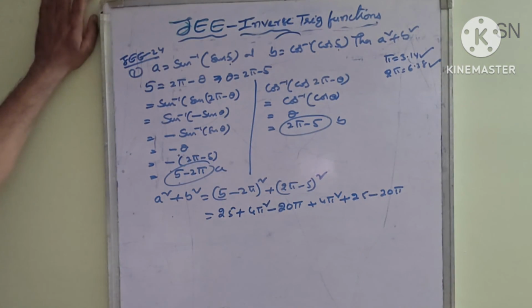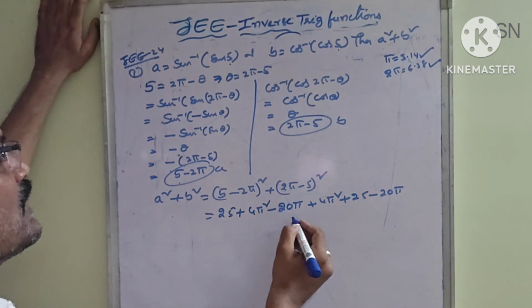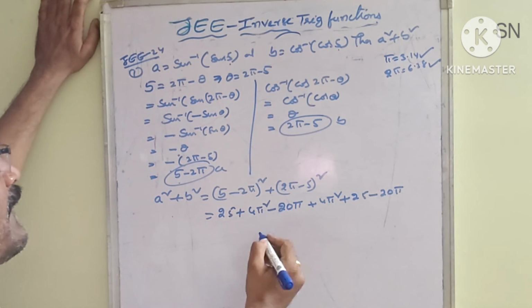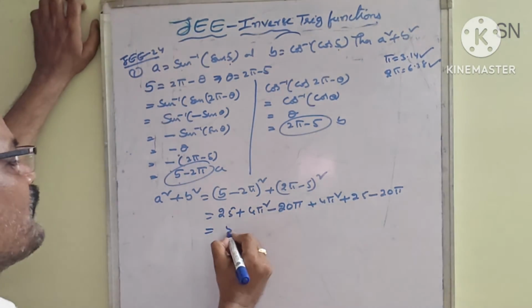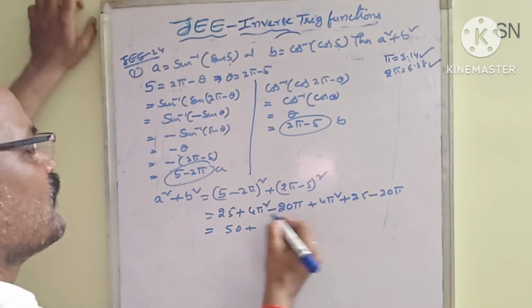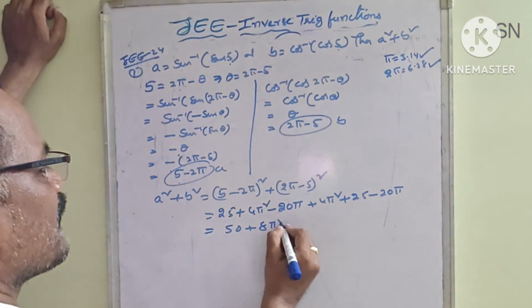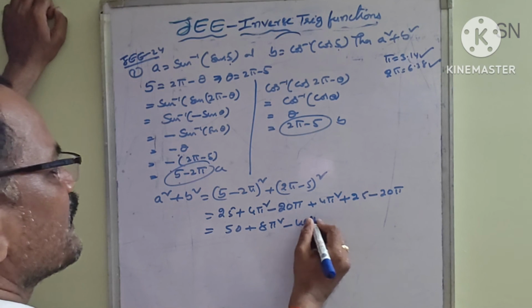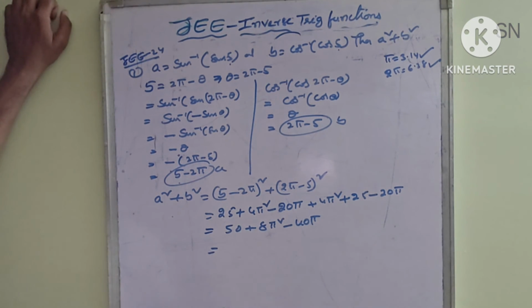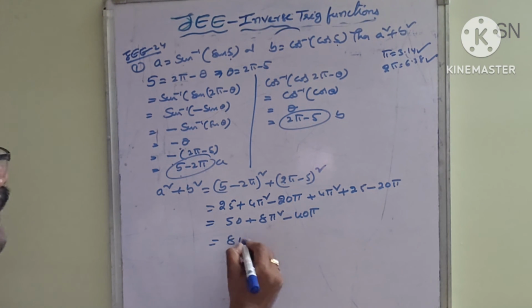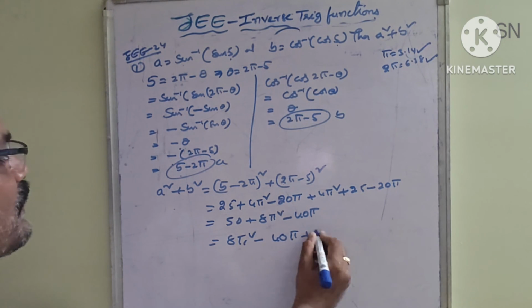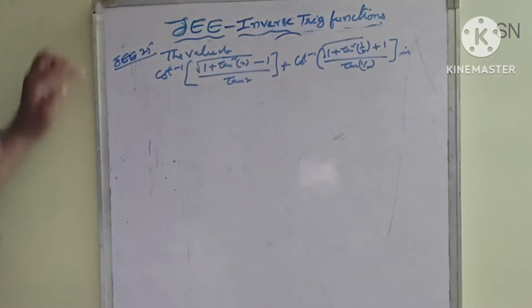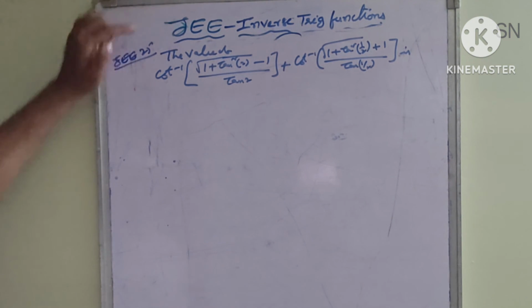Now here 25, 50 plus 4 pi square, 8 pi square minus 40 pi. Now here 8 pi square minus 40 pi plus 50 is the answer.